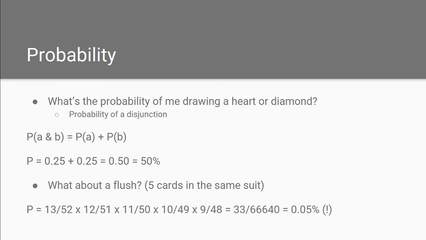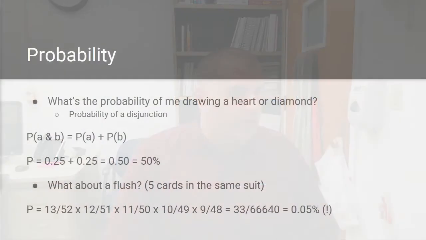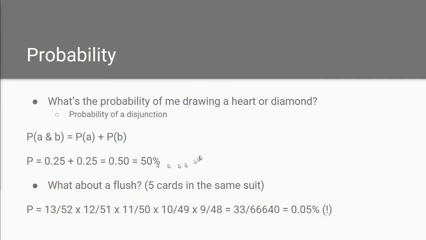Now, any poker players out there? If you're a poker player, you want to know the chance of drawing a flush. This one's for you. A flush refers to 5 cards in the same suit. You have to think about what the probability is going to be. Your first card of a certain suit, whether it's a club, a spade, a diamond, or a heart, is 25%, 13 in 52.